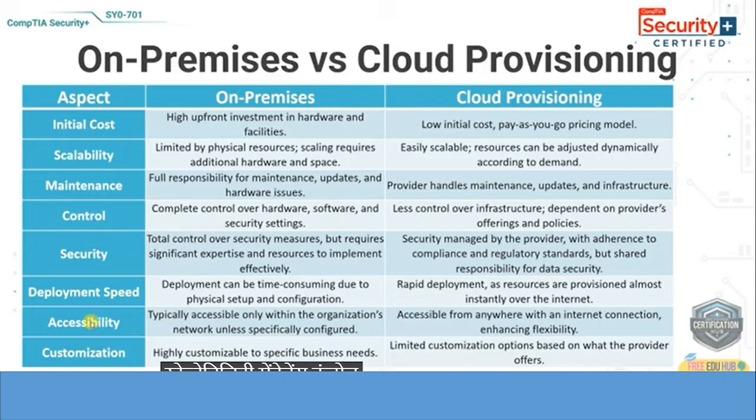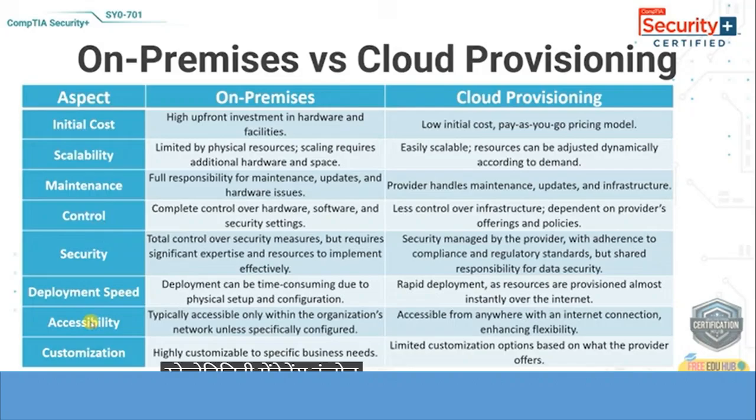Scalability is limited by physical resources; scaling requires additional hardware and space. Maintenance: full responsibility for maintenance, updates, and hardware issues. You need to do everything at your end. Control: complete control over hardware, software, and security settings, because this is in your premises.